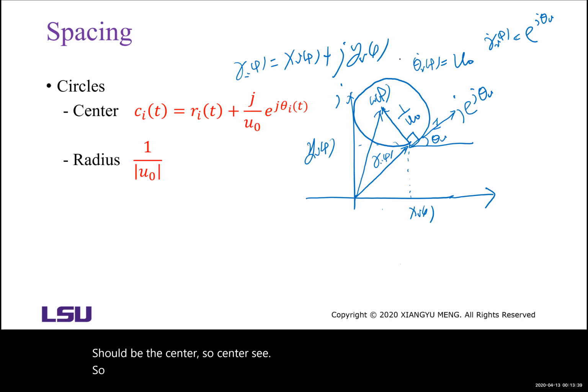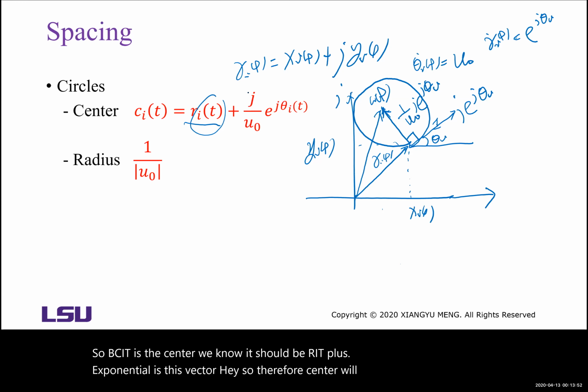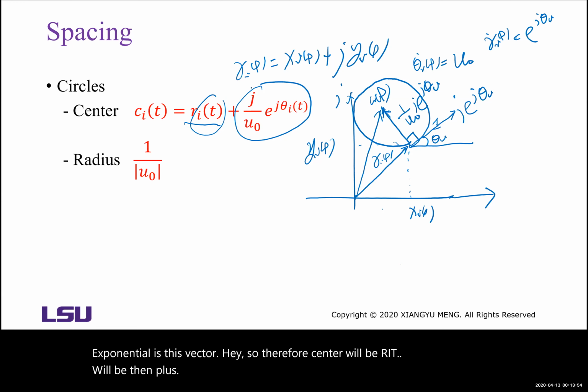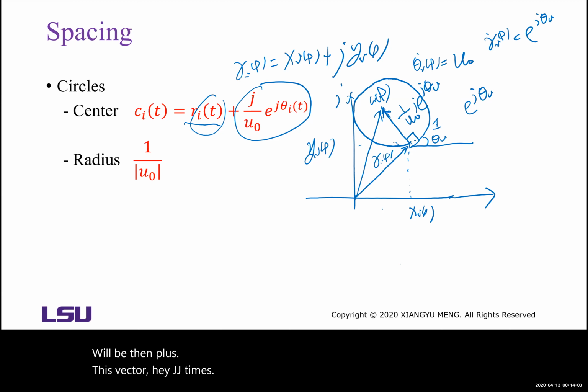We know the center will be ri(t) plus j times exponential j θi, which is in this direction.